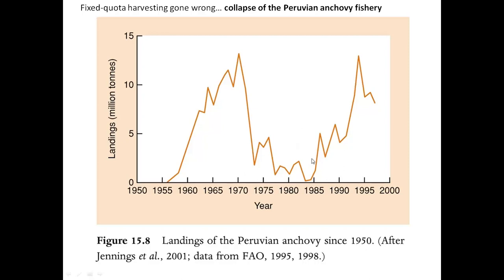Subsequently, with reductions in fishing, we've had some recovery. But this is a demonstration of how fixed quota harvesting can go horribly wrong.